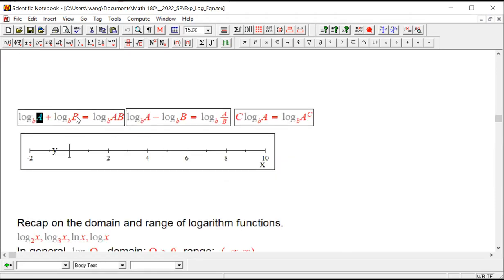This must be positive, this must be positive. The product must be positive. So all three must be positive. Positive times positive equals positive.